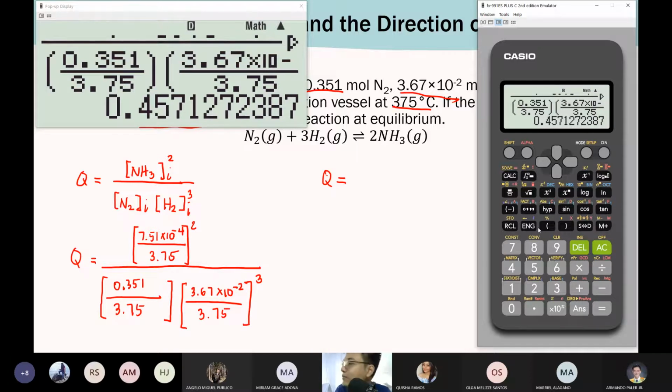How many of you got the same value as what I typed? Mag-thumbs up nga kayo. Baka mamaya natutulog kayo, ha? Okay. So, ayan, may mga nakakuha naman ng same value as me.